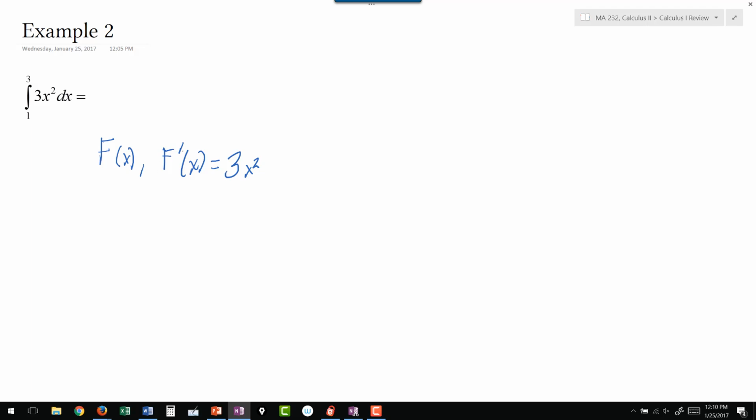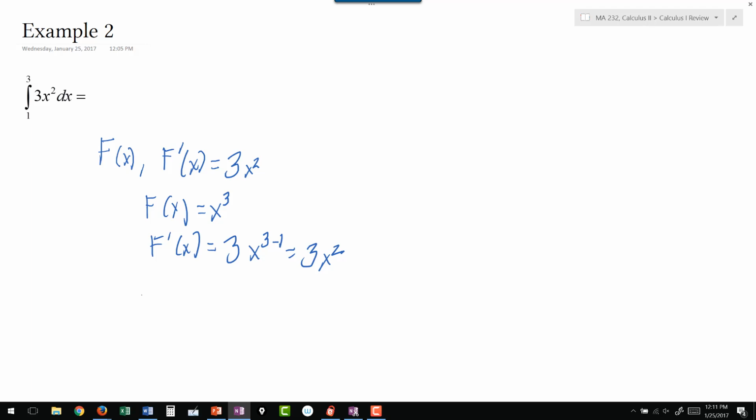Thinking about the power rule, we can make a pretty good first guess for what capital F of x should be. Let's try x cubed. So with that as our capital F, F prime by the power rule would be 3x to the 3 minus 1, which is 3x squared.